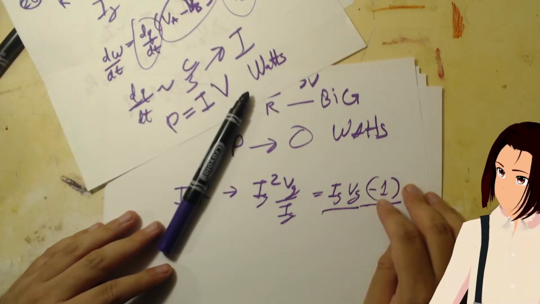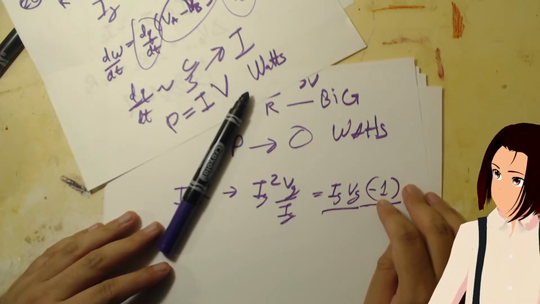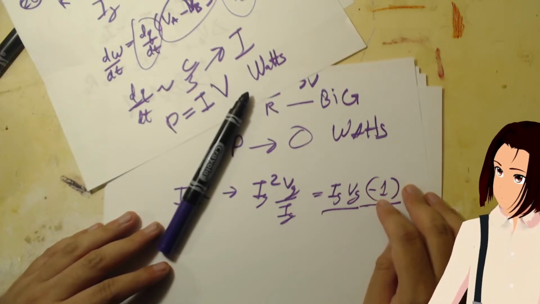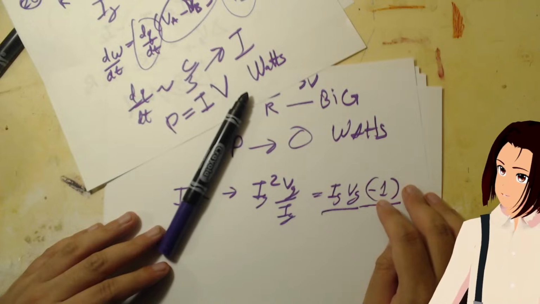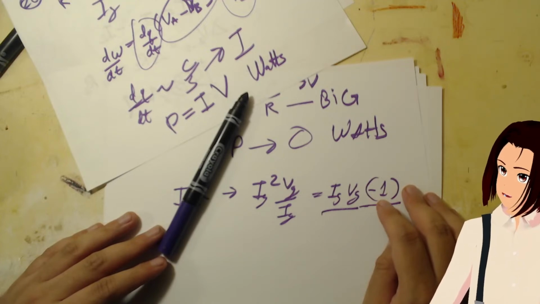Next, I got to tell you about ideal current sources and ideal voltage sources and non-ideal voltage sources and non-ideal current sources. And I think you already think those are self-explanatory. And the thing after that is Kirchhoff's laws.